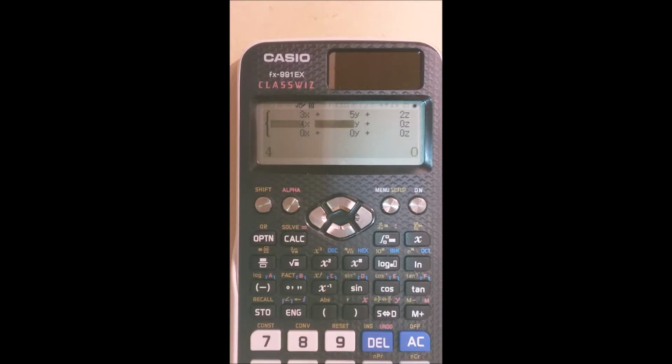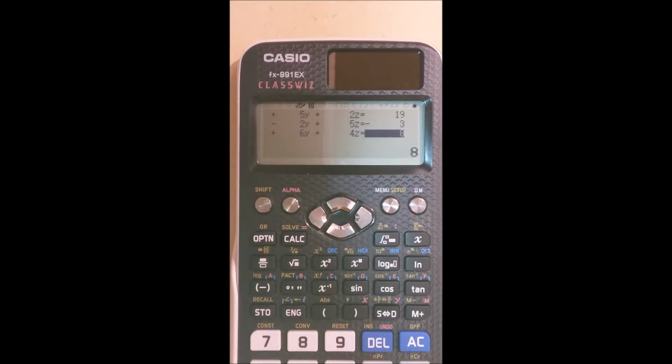So I go 4, equals, you can use a minus sign or the negative key, it really doesn't matter on this calculator. I'm going to use -2, equals, 5, equals, and -3. Now for the third equation, -3, 6, 4, and 8.